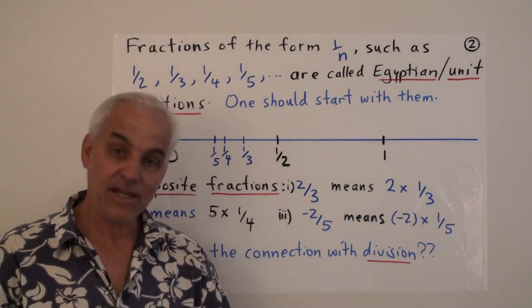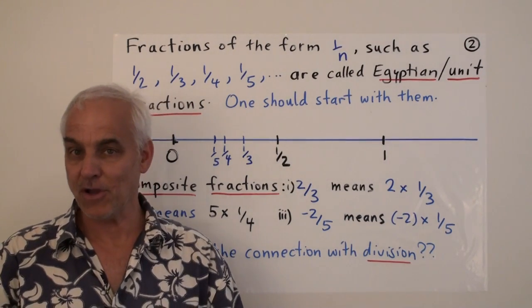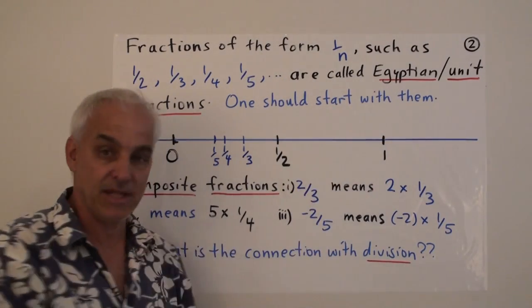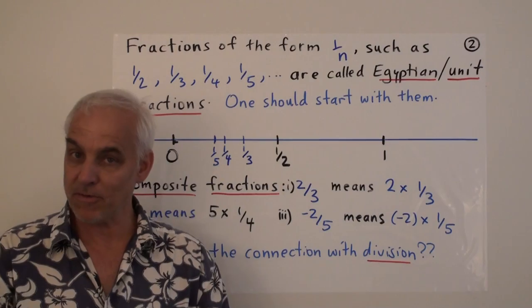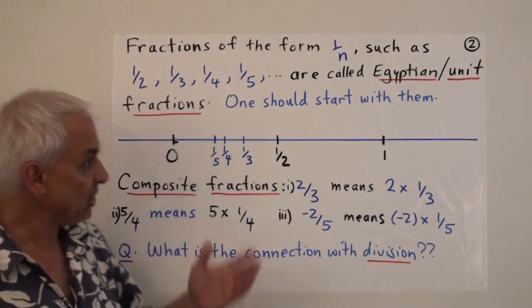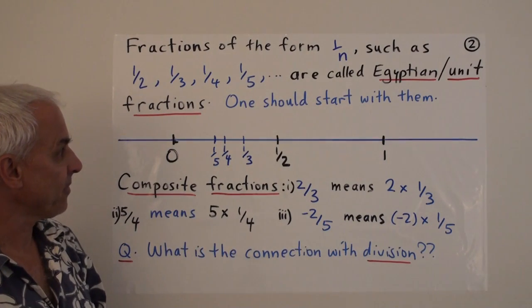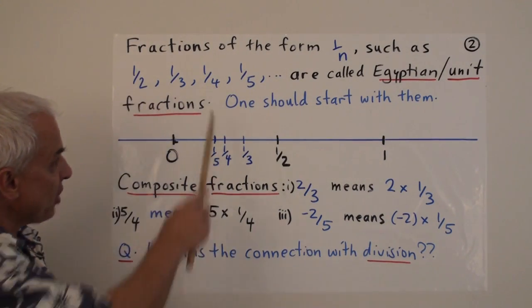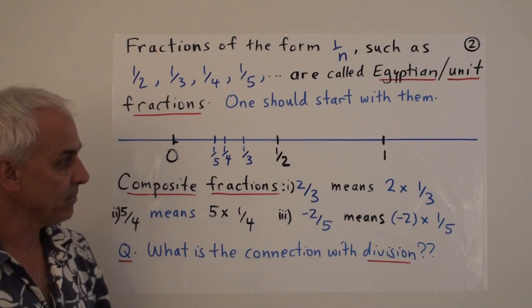And they're the ones that have been around historically for the longest time. The ancient Egyptians used these kinds of fractions in their arithmetic. So when they were building the pyramids, they did use fractions like this. Fractions like this are also called unit fractions because there's always a 1 up at the top.